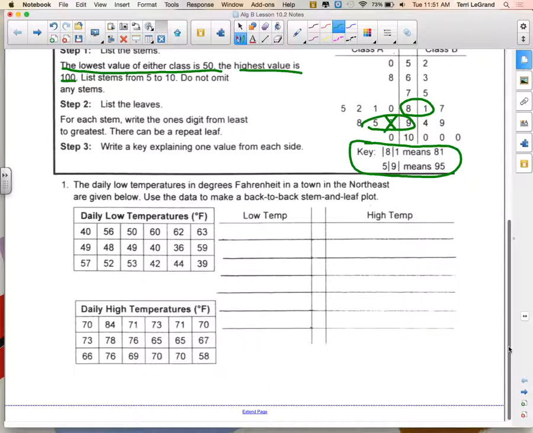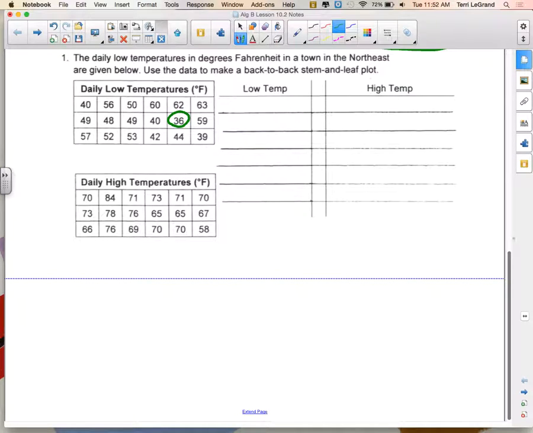We've got to decide where we should start with our stems. So what's the lowest low temperature? 36. Is this the lowest low temperature? Okay. What's the lowest high temperature? 62. I can't even find 62. Top row, 62.